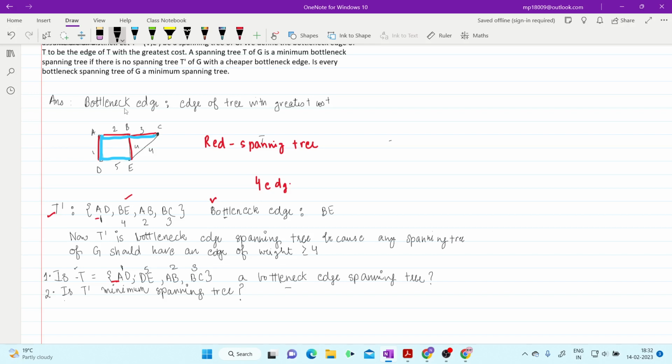Now, we see that T prime is a bottleneck edge spanning tree. So in this graph, is this T prime a minimum spanning tree also?